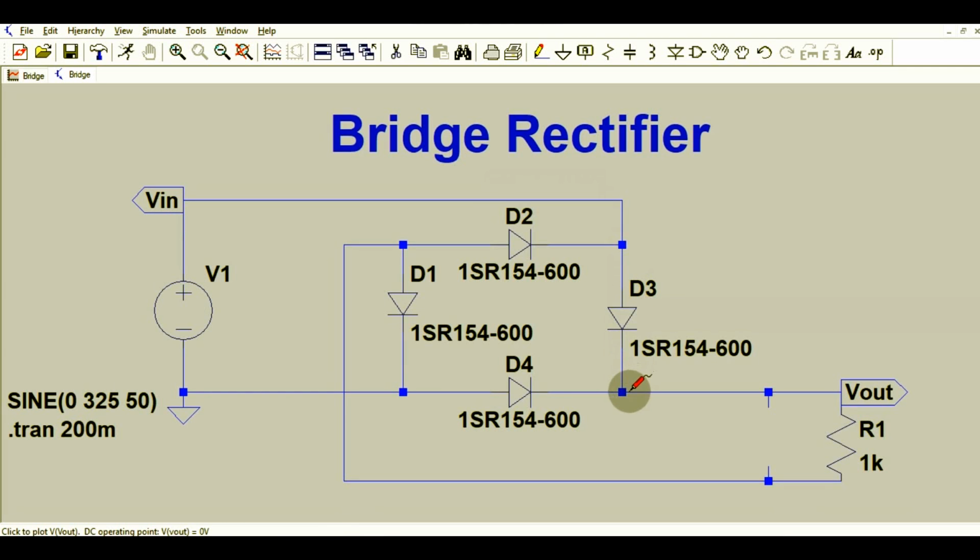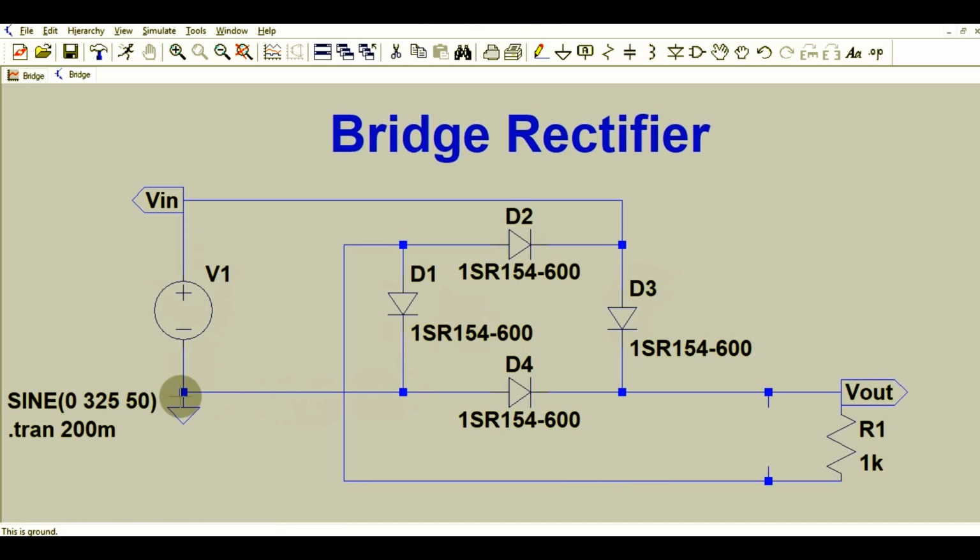Okay, and then it goes to the load resistance, and via load resistance it goes to the diode D1, and now diode D1 becomes forward bias and it completes the path from here. Okay, so for the positive half cycle, diode D3 and diode D1 conducts.